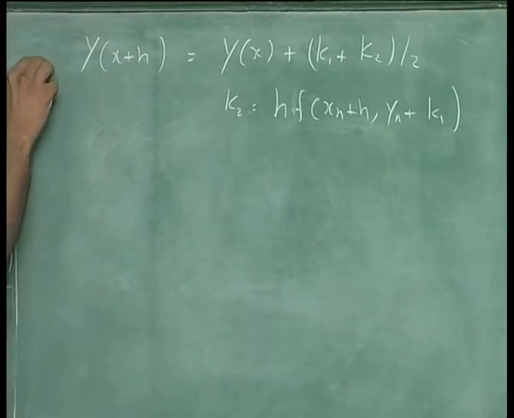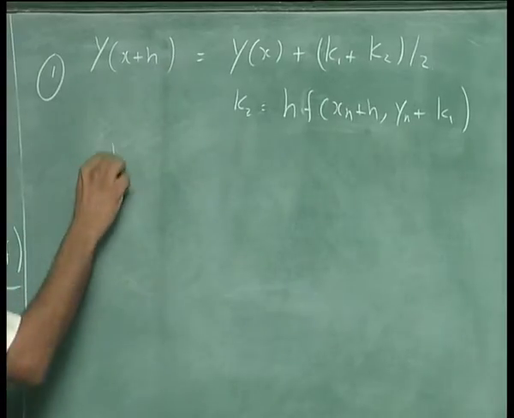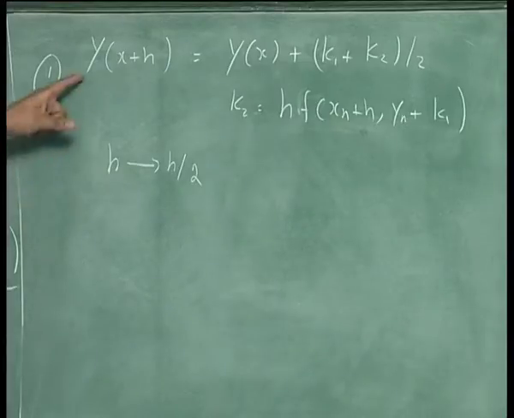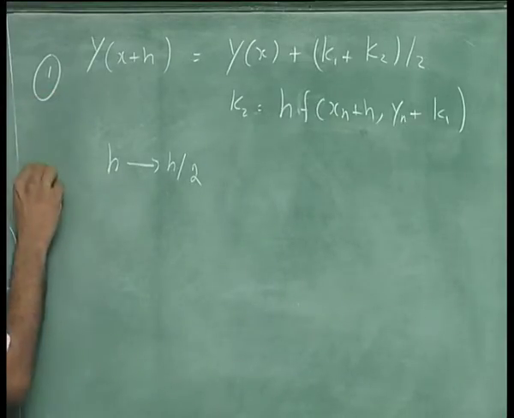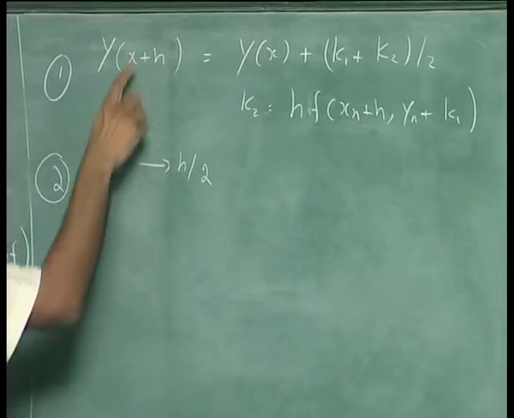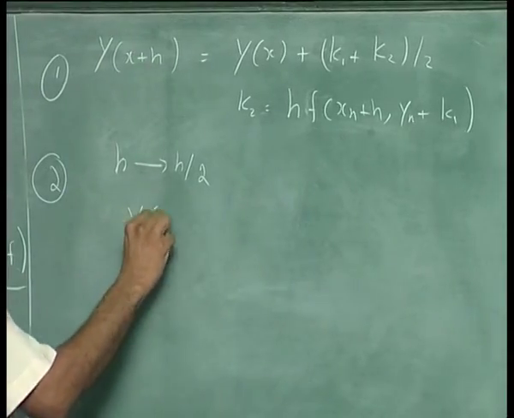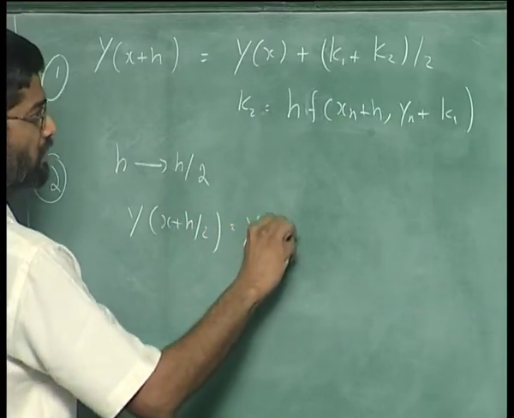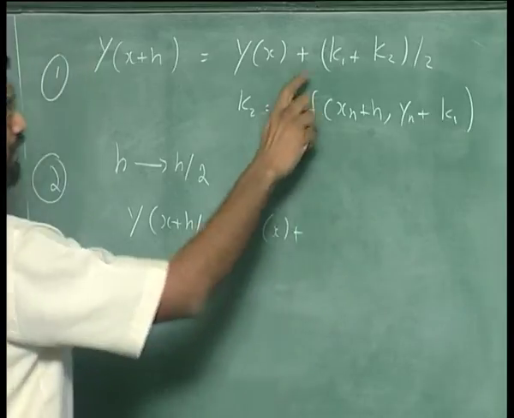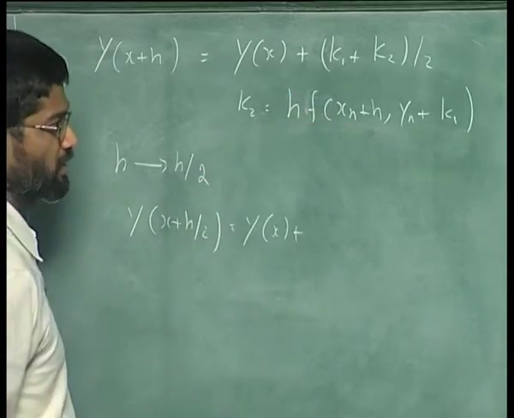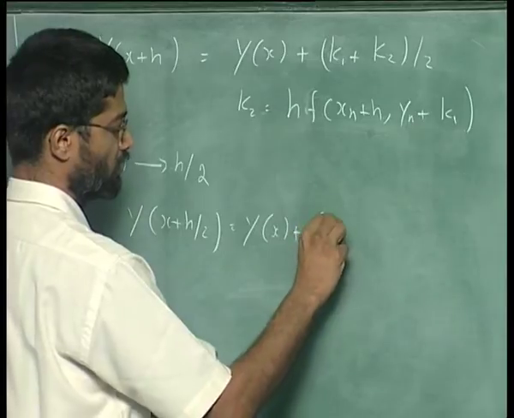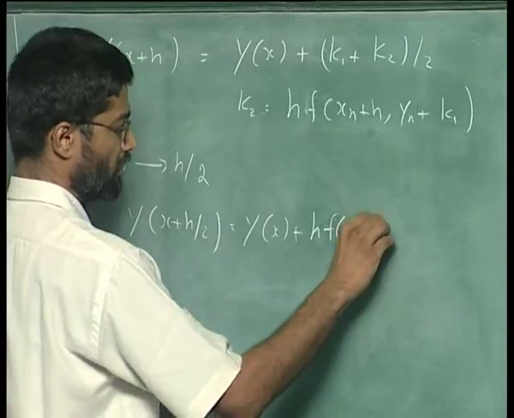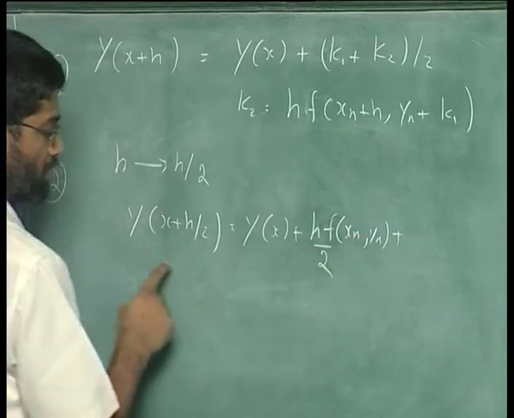So that's maybe the first step. And in the second step, what I do is I take h to h by 2, and I would evaluate that in the second step. I would use half the step size, and I will evaluate x plus h by 2 first, from y at x plus k1 and k2 evaluated at xn plus h by 2. That is h times the function value at xn, yn, with h by 2, since now we are going by step size half.